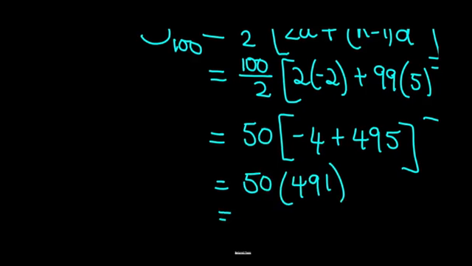So that would be 5. So that would be 24550. Because 5 times 1 is 5, 45 carry 4, 5 4 is 20, 24. So it looks like that's what we get if I add all those 100.